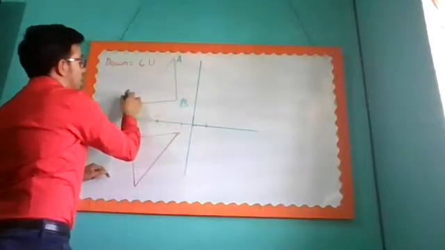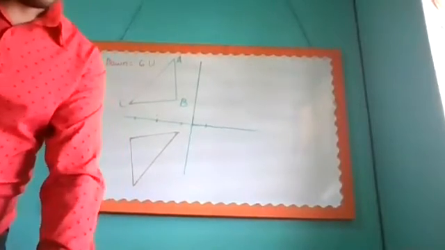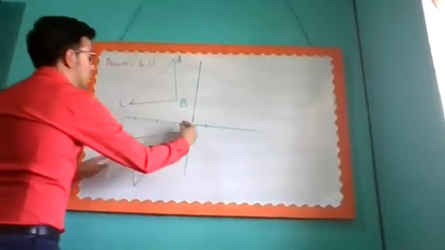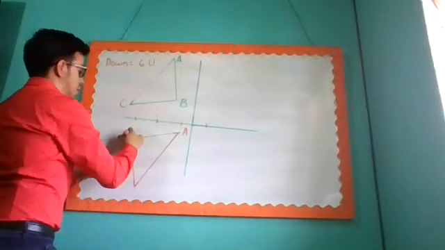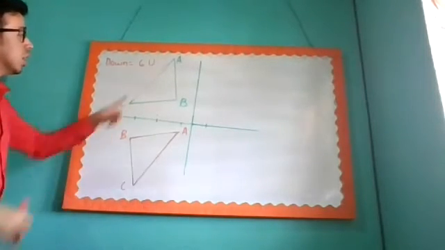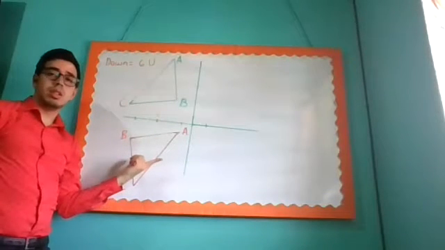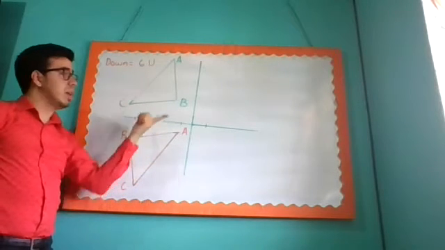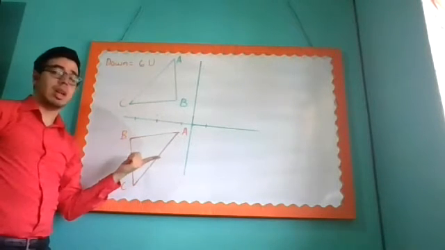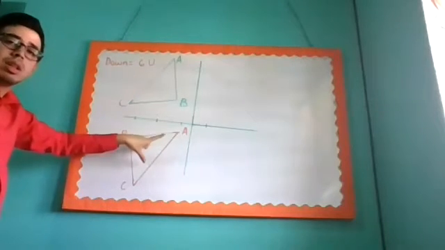A, B, C. The other one is A prime, B prime, and C prime. Okay. Can I move the figure directly in here, 6 units? It's going to be located in the other direction, okay? It's going to be located like this if I move it below.